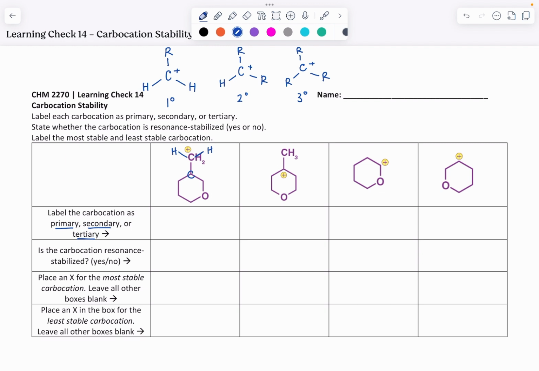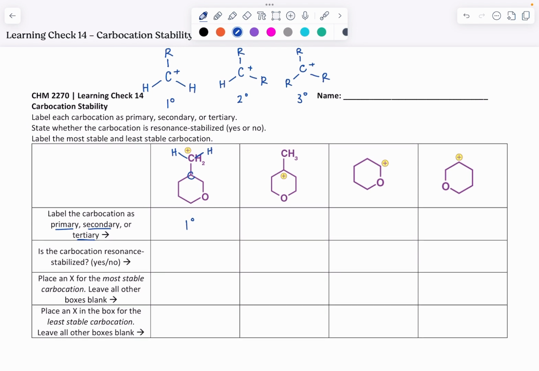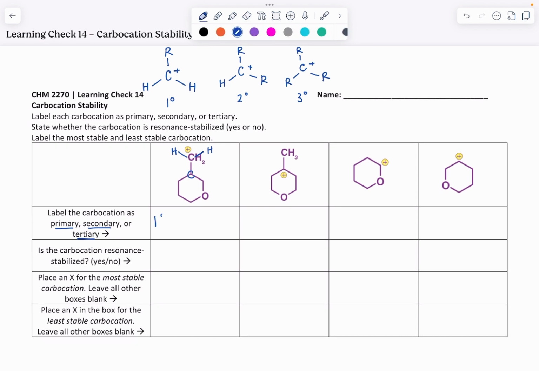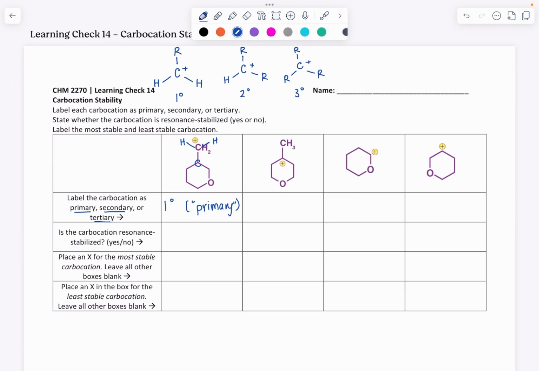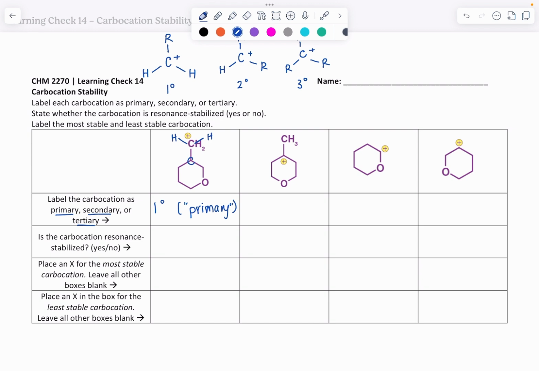So this carbocation is bonded to one carbon, that makes it primary. You could write that, or just so I have more space, you could write the word primary. You should know that you can use this to represent primary just in case you see it elsewhere. Okay, so that's our first molecule.